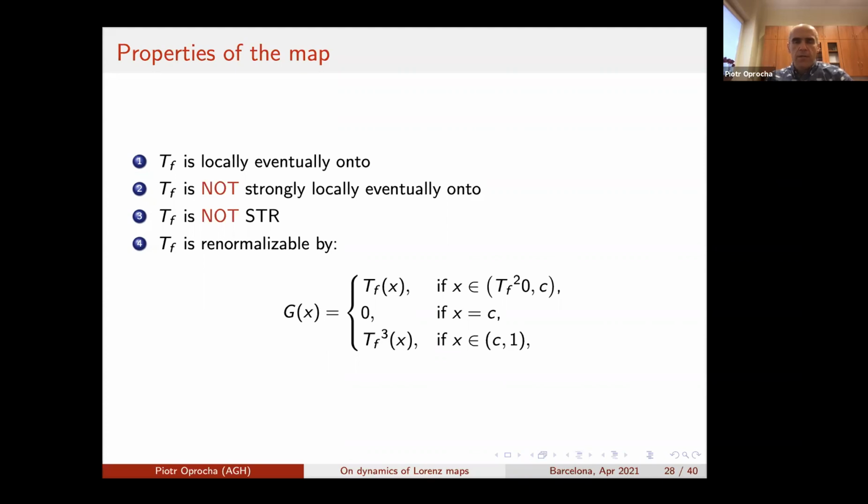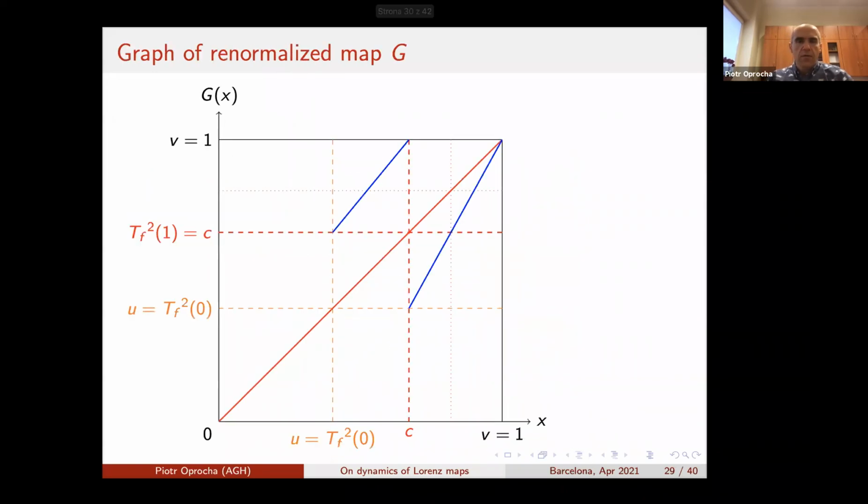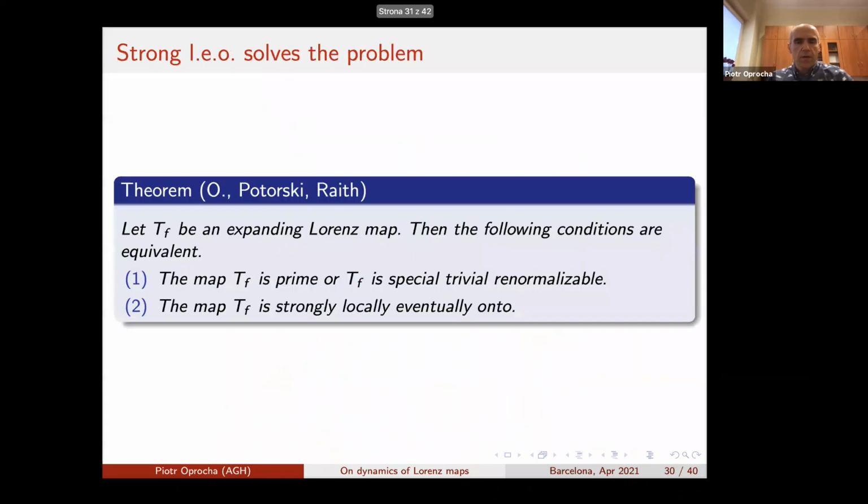And we spent some time proving this, because if you look at the graph, it is not that obvious that it will happen, but we prove that it's exactly the case. This interval has to break before it comes to the final position, and this is how the renormalization looks like. So it is mapped like this.